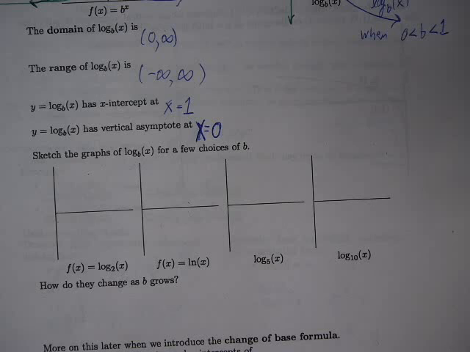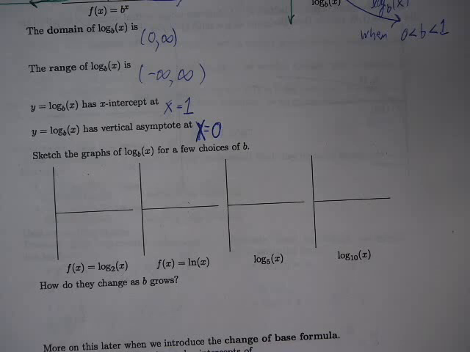Let's plot all of these from x equals 0 to x equals 10. So they're there. Log base 2, log base 5, log base 10, log base e.